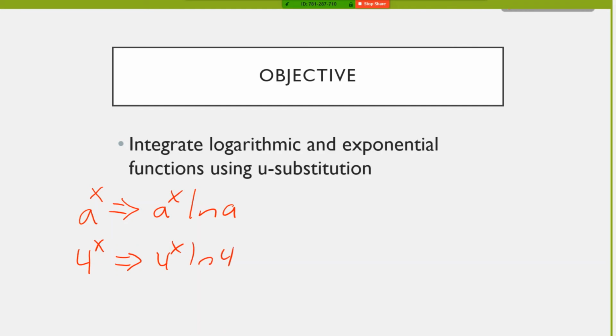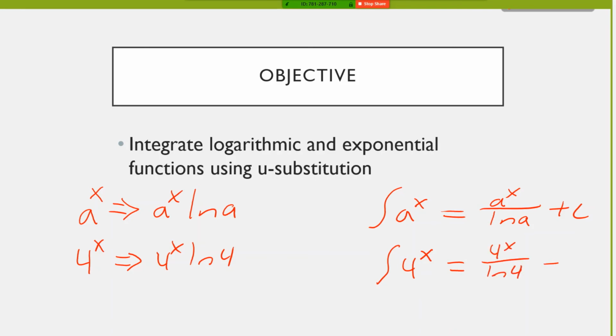When I derived, I multiplied by the natural log of a, so when I integrate a to the x, I should divide by the natural log of a. If you integrate a to the x, you'll get a to the x divided by ln a plus c. So if I integrated 4 raised to the x power, I would get 4 raised to the x power over the natural log of 4 plus c.